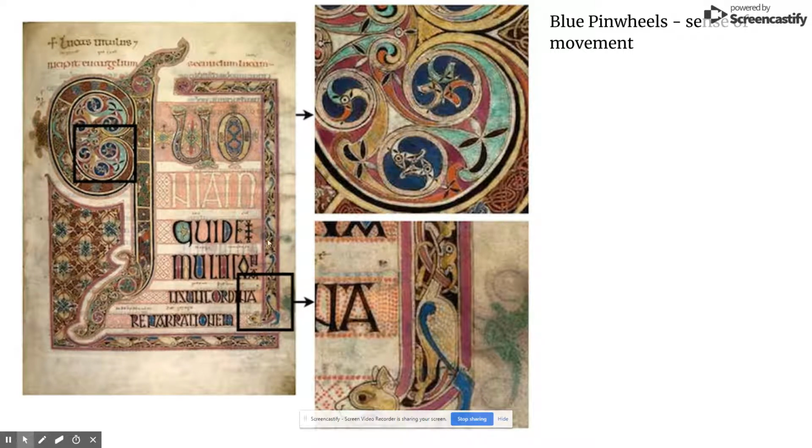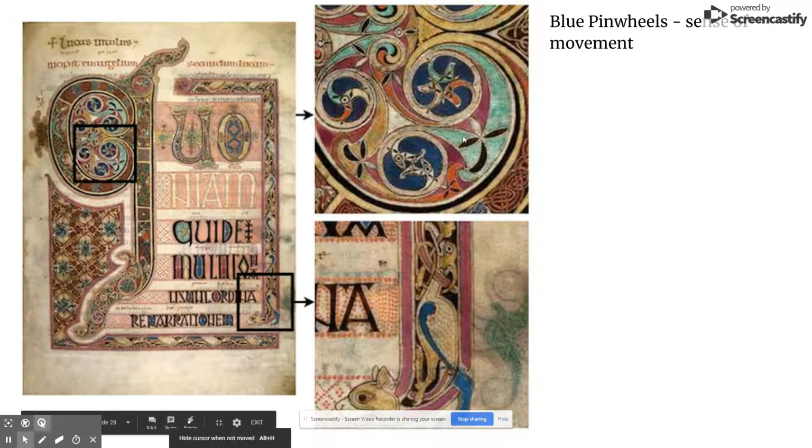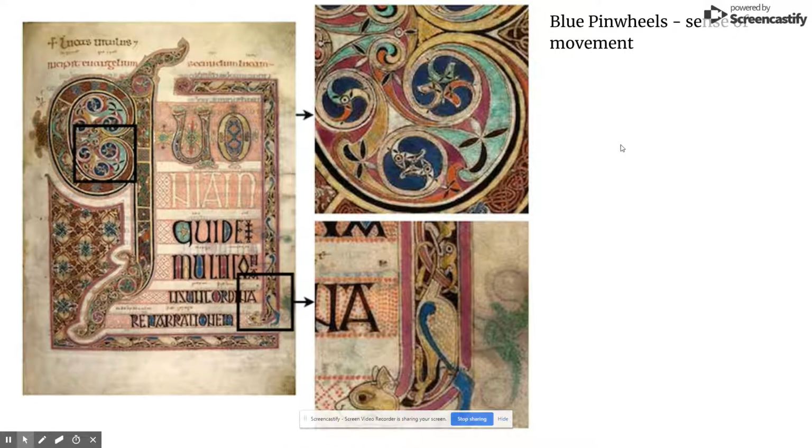We also have these pinwheels here, which you can see in the Q for the quo, which create a great sense of movement. That movement is further emphasized, or enhanced is the word I'm looking for, by the different colors, the really broad palette that's happening there.